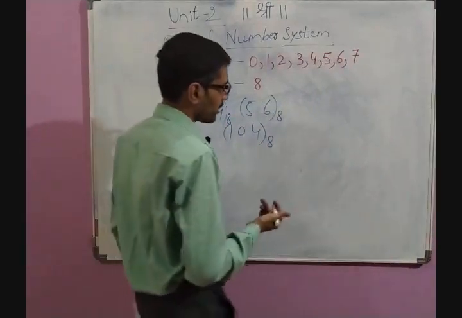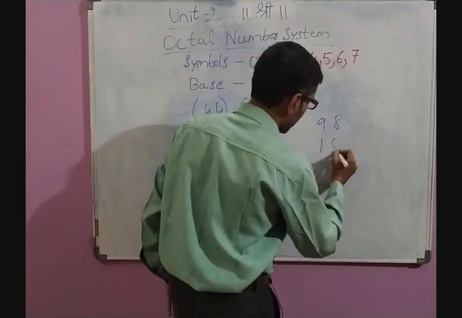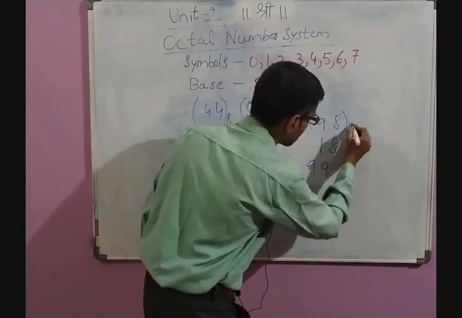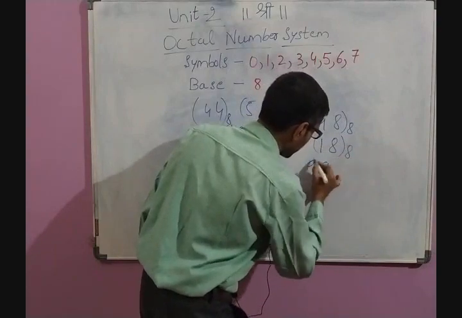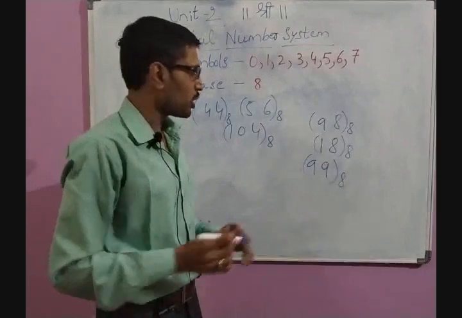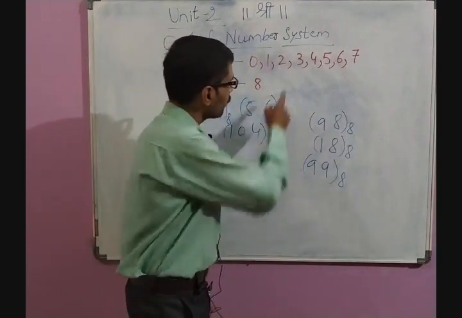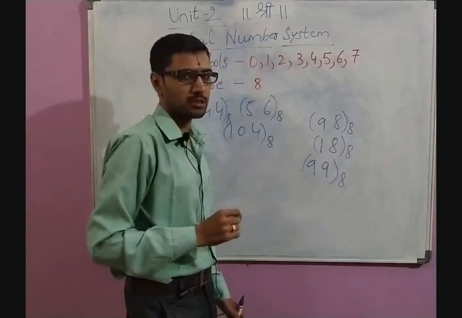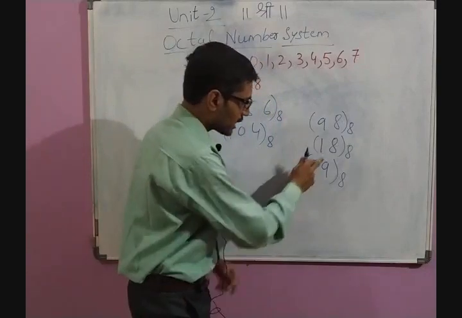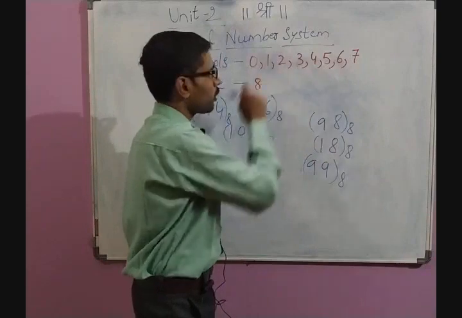If I write a number like 98, or 18, or 99, and specify the base as 8, then these are invalid examples for the octal number system, because I am writing the base as 8 but using symbols that are not present in this number system. 9 and 8 do not belong to it. In 18, the 1 belongs, but 8 does not belong to the octal number system.